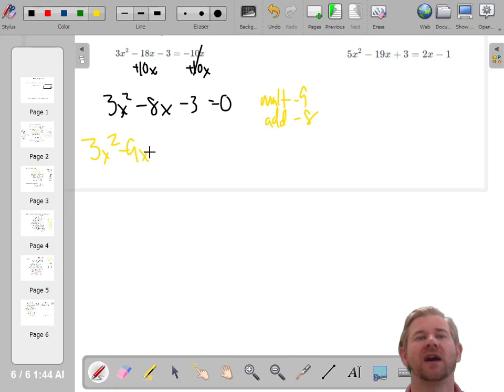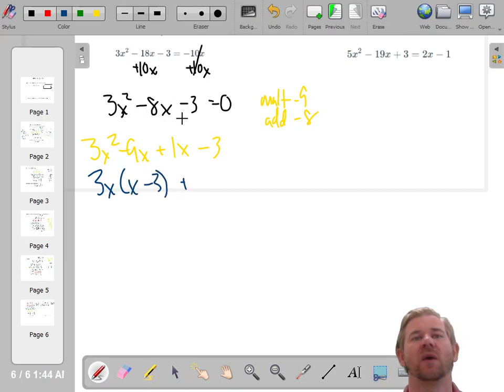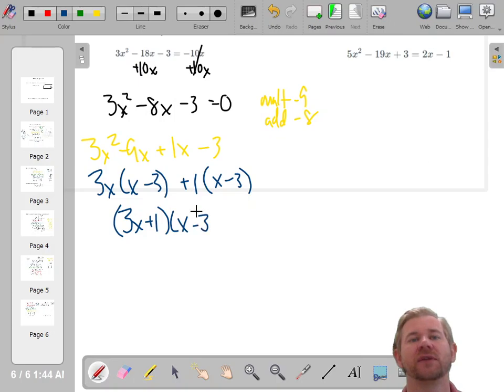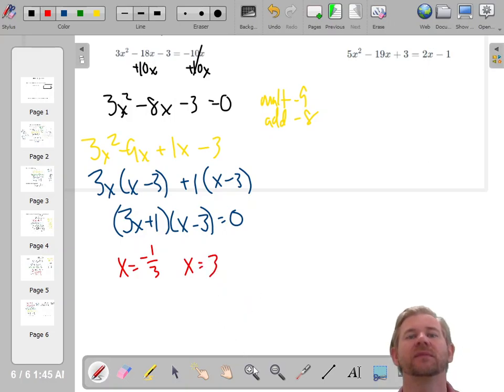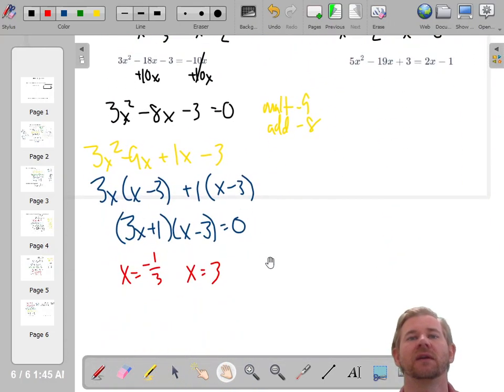That would be negative 9 and positive 1. 3x, x minus 3. 1 and 3 don't have anything in common, so you're factoring out a positive 1 this time. 3x plus 1, x minus 3. I'm looking for zeros, so that happens at negative 1/3 and positive 3.